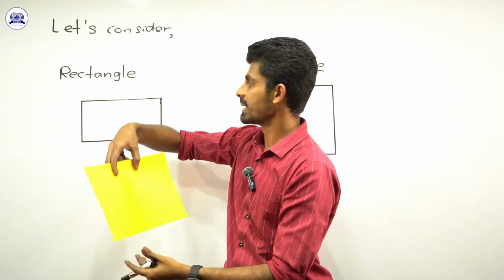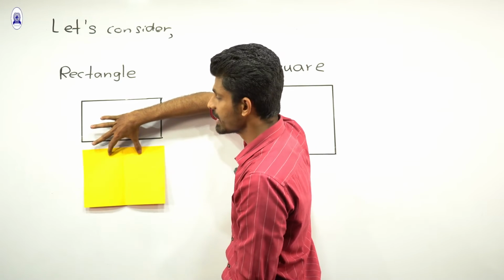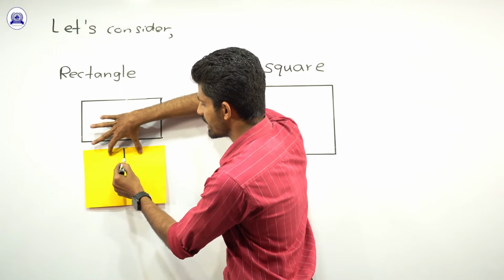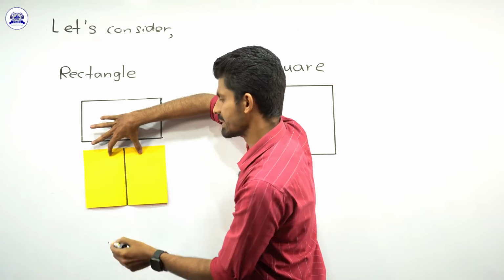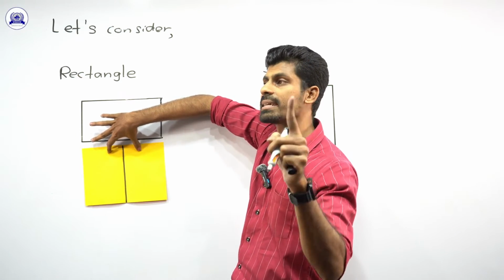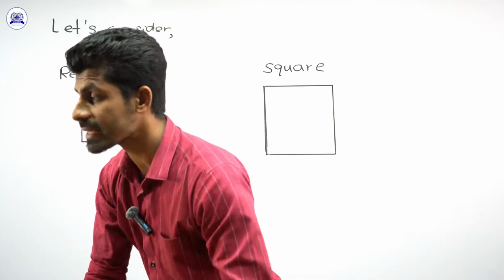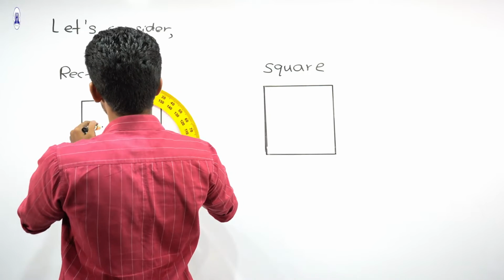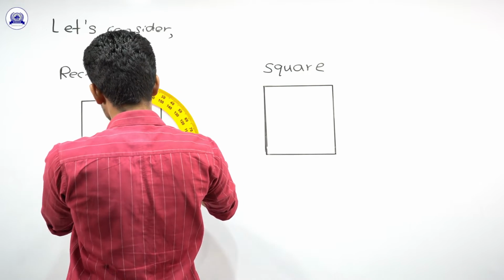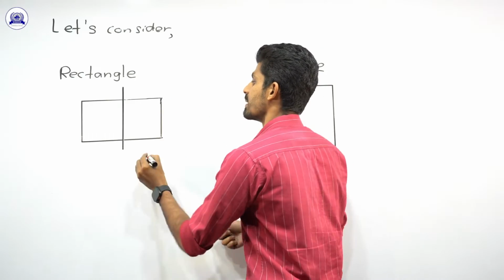That axis is called the axis of symmetry. I'm going to mark that line on this. Axis of symmetry.